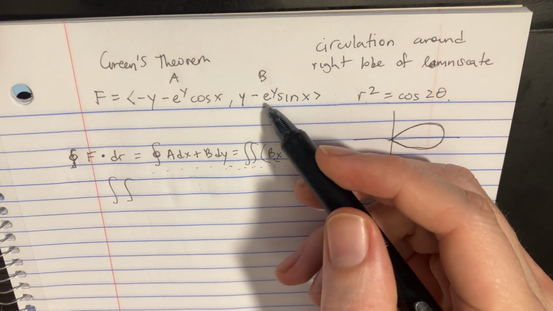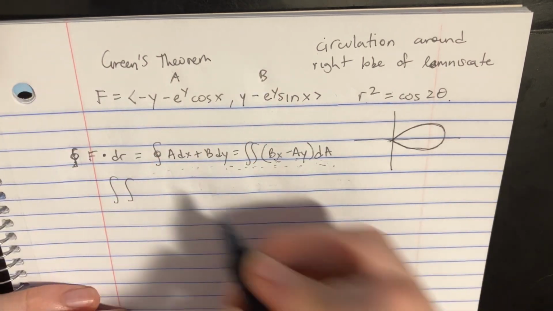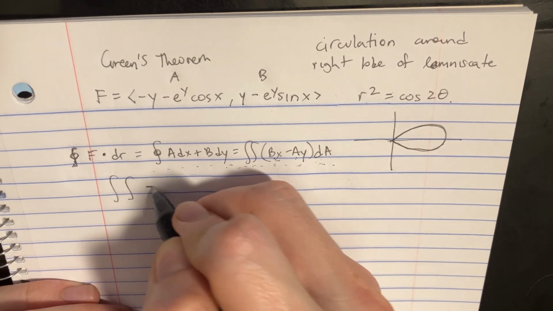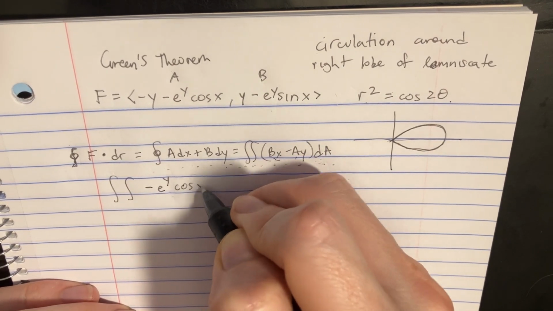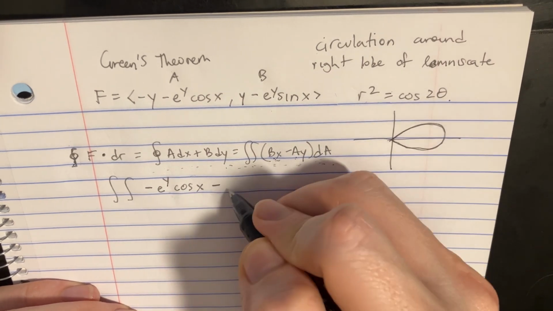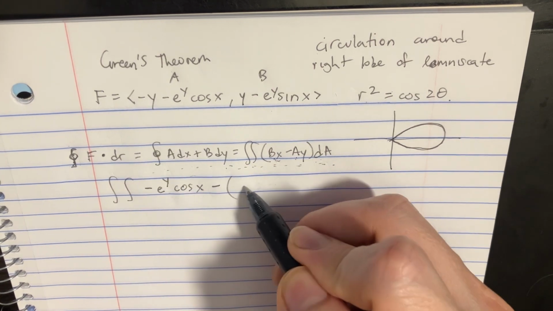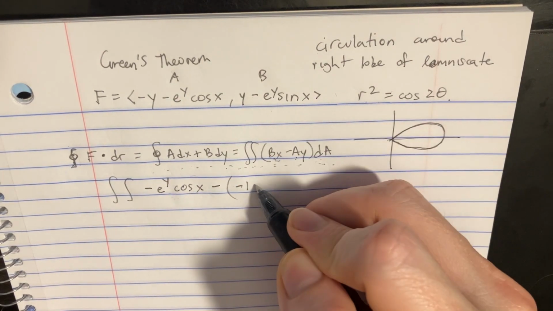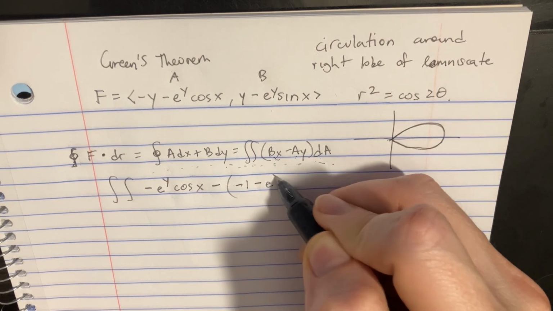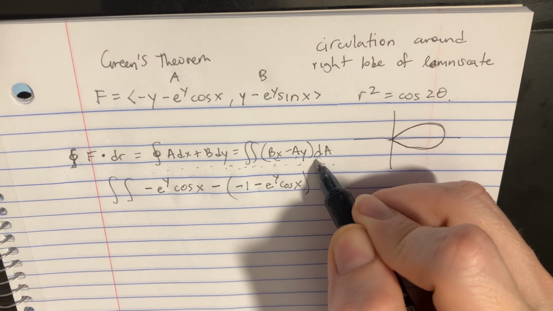If I take the derivative of this, that would be negative cosine x, but we'll also have this e to the y in there. So negative e to the y cosine x. Then we're going to subtract the ay component over here, so I think there we get a negative 1. And then on this side, you're just taking the derivative of that, which would be negative e to the y cosine x. And then we're going to use this over dA.